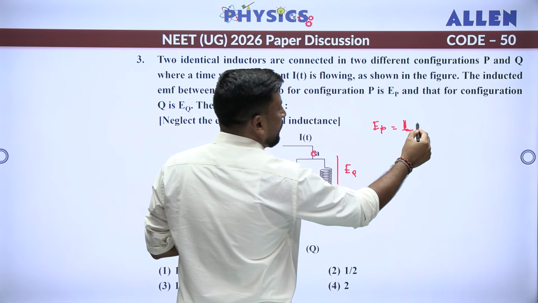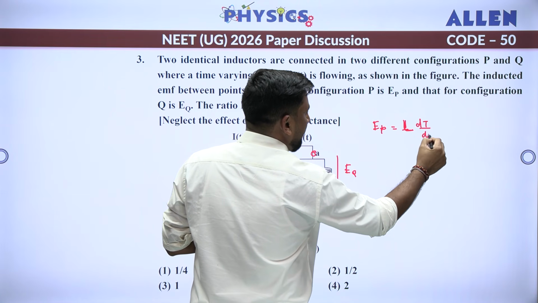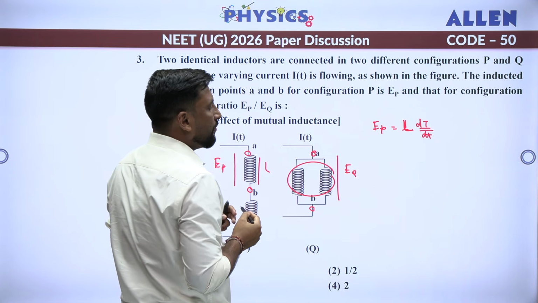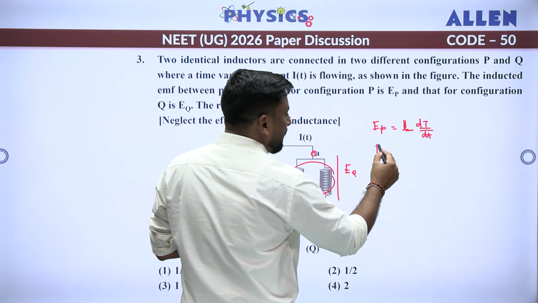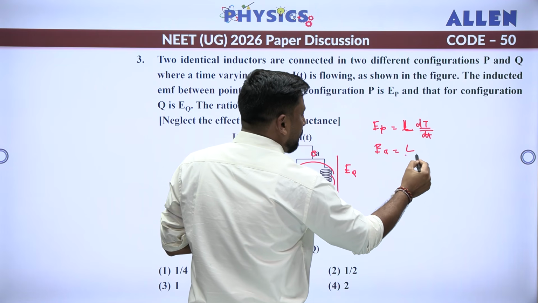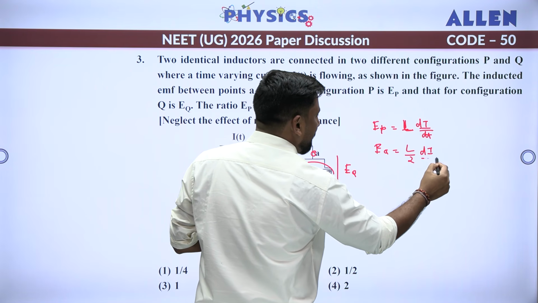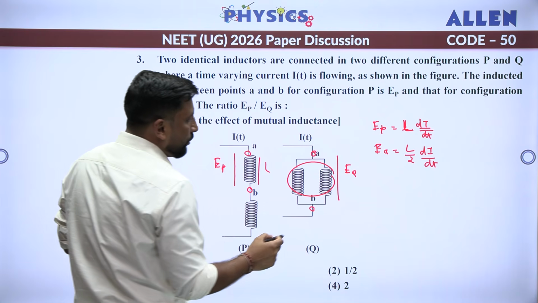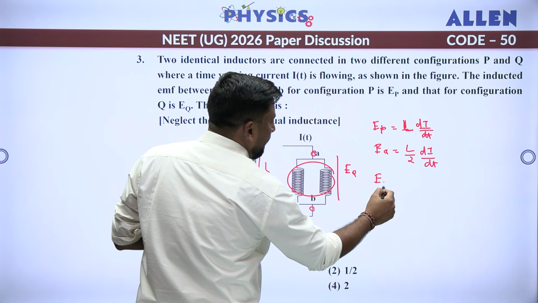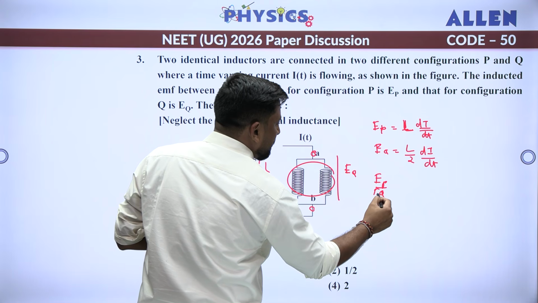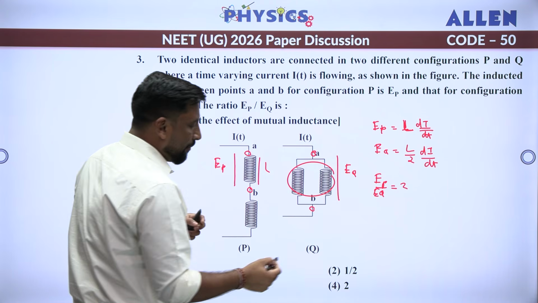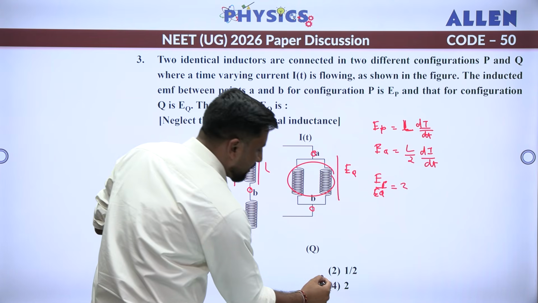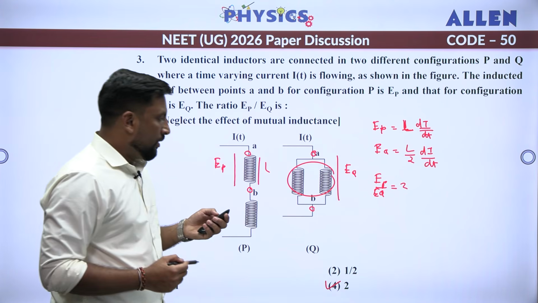And if you talk about this one, we know that the effective inductance becomes L by 2, so we can say EQ is L by 2 into di by dt. Now if you take the ratio, we get EP by EQ as 2, which is again matching with option 4. So for question number 3, the answer is the fourth one.